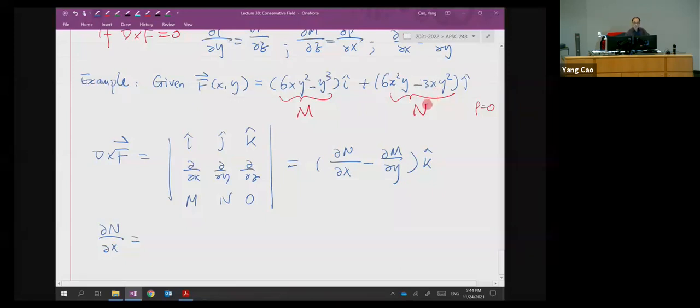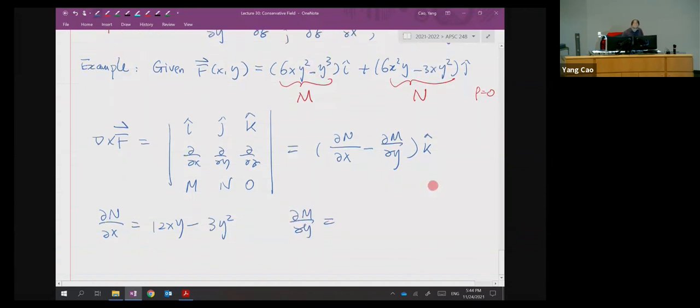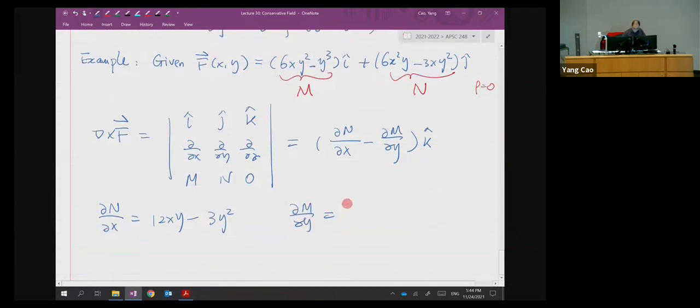Calculate it based on the N function. Partial derivative with respect to x, you treat y as a constant. So you get 12xy from the first term. The second term, you get 3y squared, right? Consider y as a constant. Then partial M, partial y, consider x as a constant.